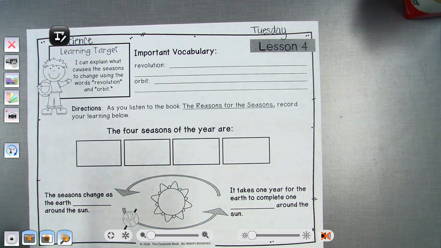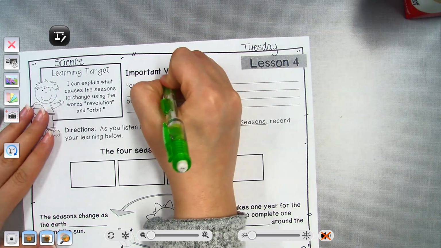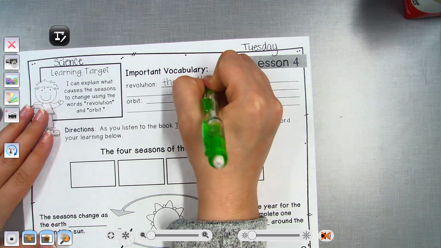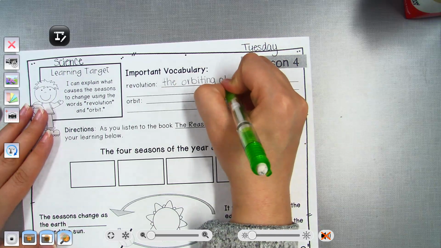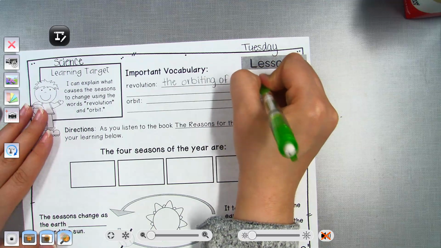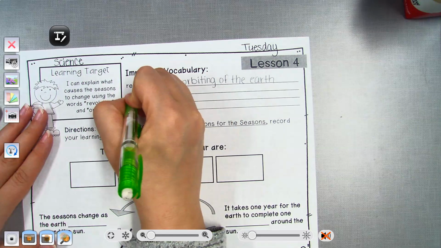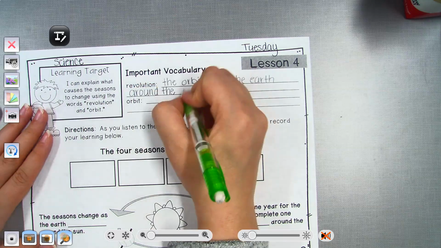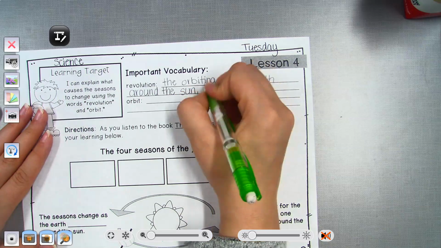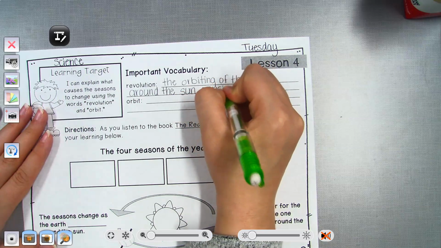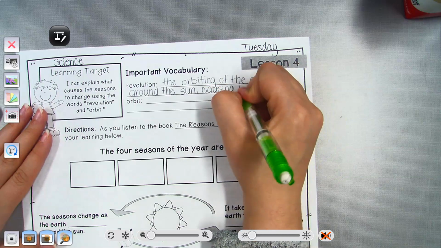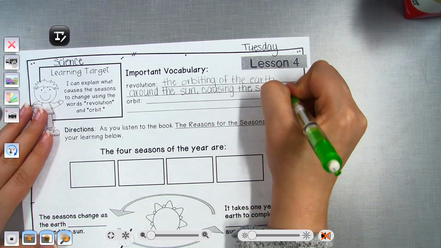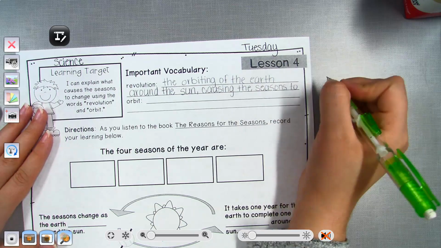The first one is revolution. Okay, and that is the orbiting of the earth around the sun, causing the seasons to change.